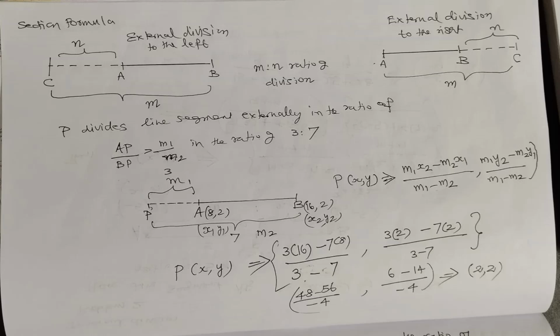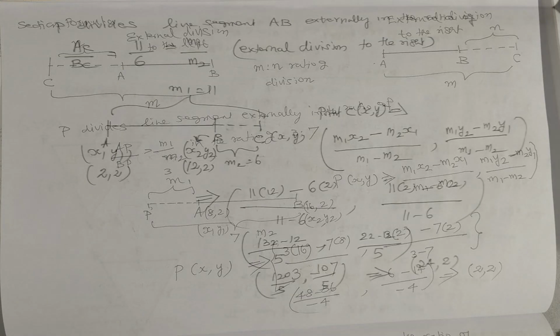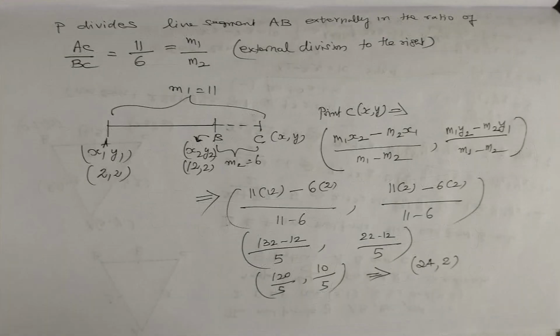Next, P divides line segment AB externally in the ratio of AC by BC is equal to 11 by 6, which is equal to m1 by m2, external division to the right. Point C divides line segment AB externally in the ratio of AC being 11, BC being 6.